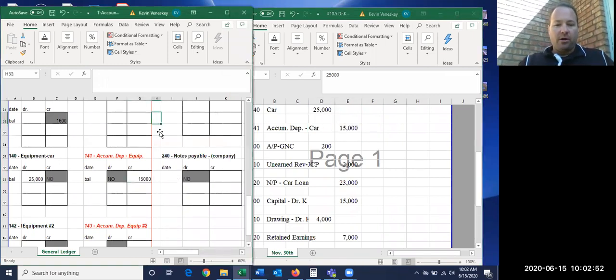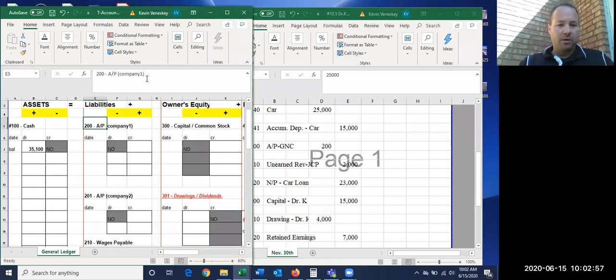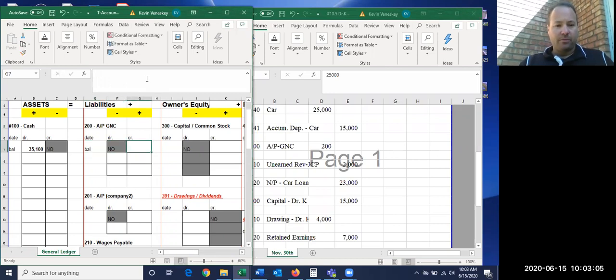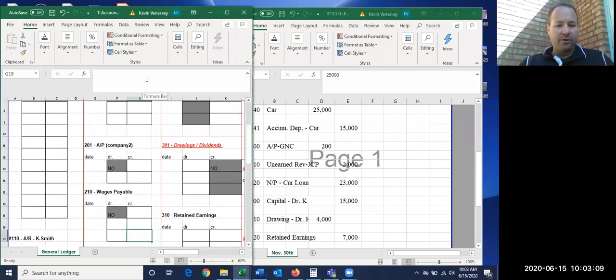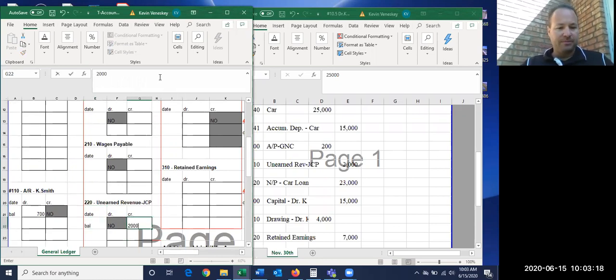All right, we owe GNC Company. Come up to our accounts payable. Our opening balance with them, $200. And then we have unearned revenue for a JCP balance of $2,000.